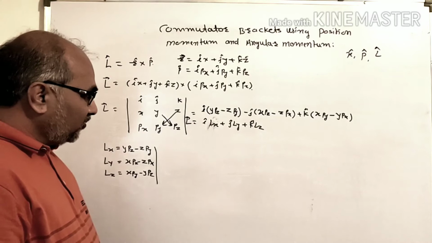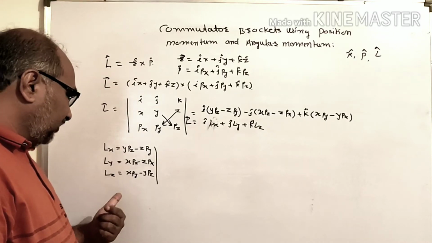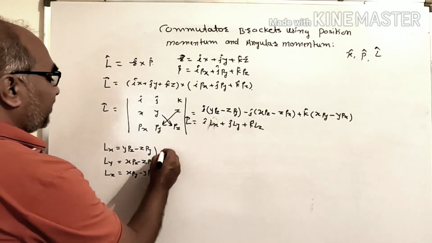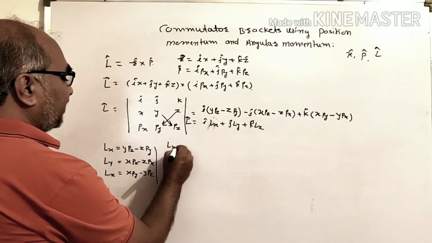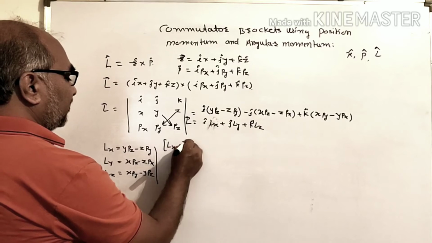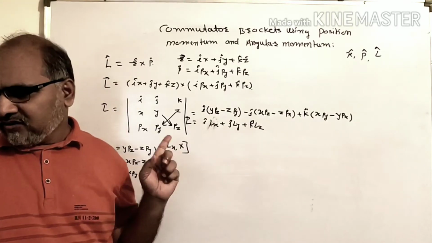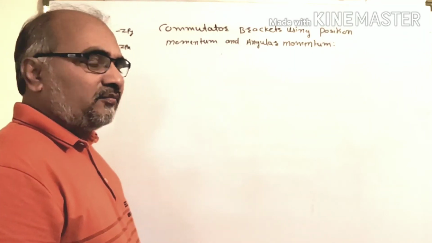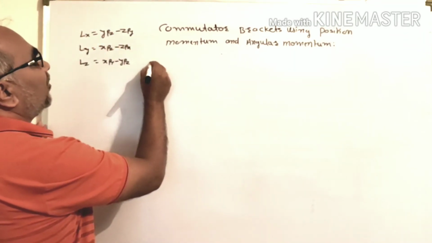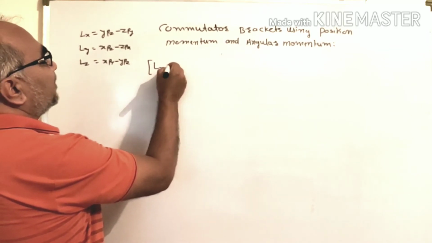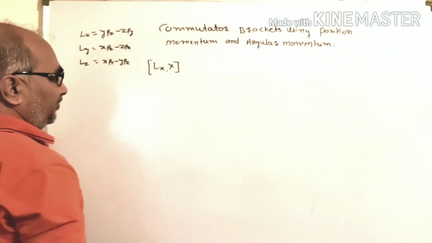Now we are going to solve one commutator, of Lx and x. What is the value of this commutator? We are going to see the commutator of Lx and x.